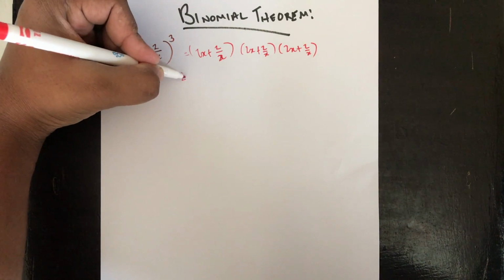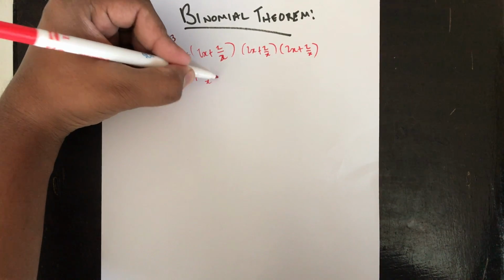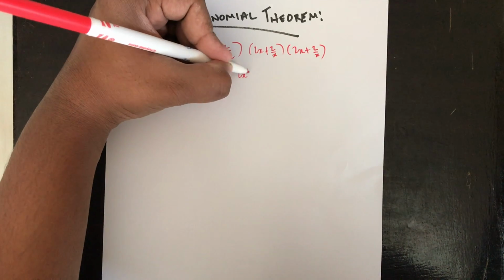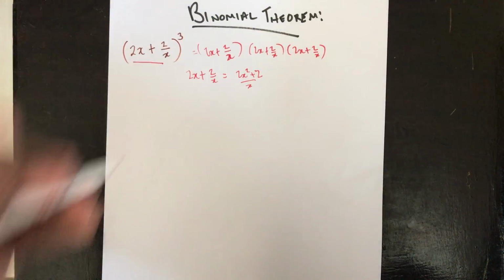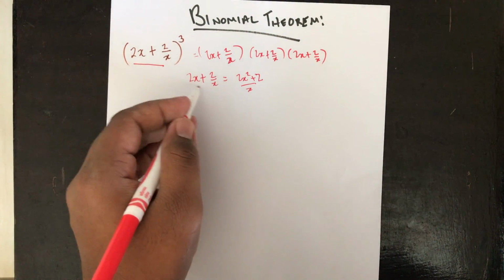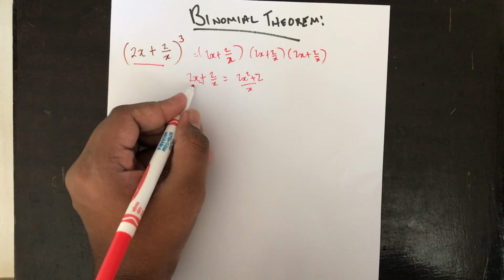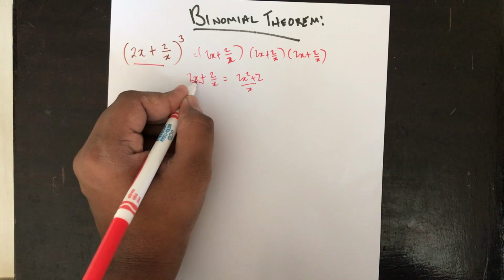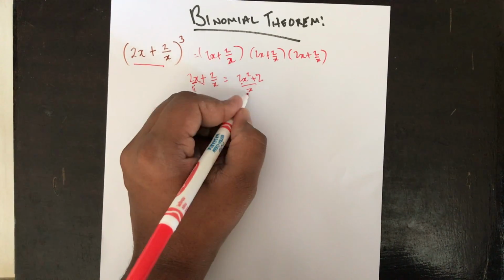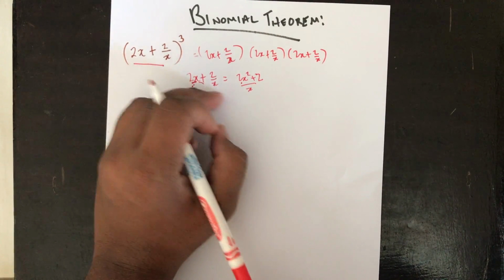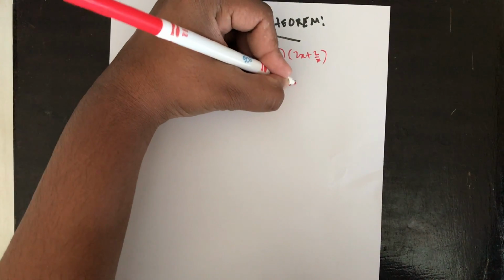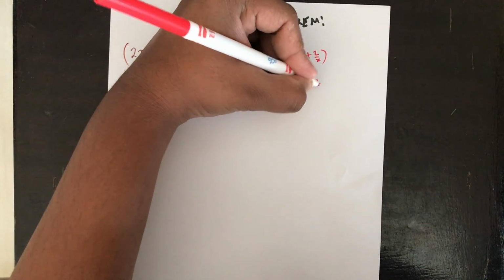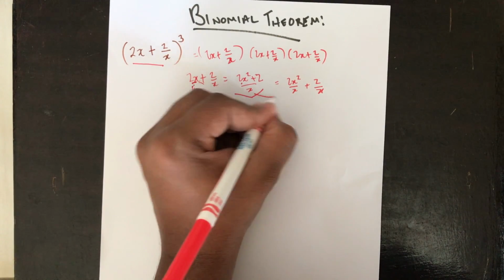Now, 2x + 2/x is the same as (2x² + 2)/x. I'm just multiplying the numerator by x, so even if I were to cancel out, I'd get 2x²/x + 2/x.